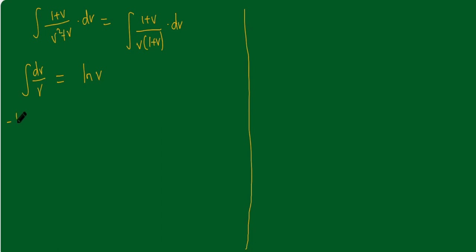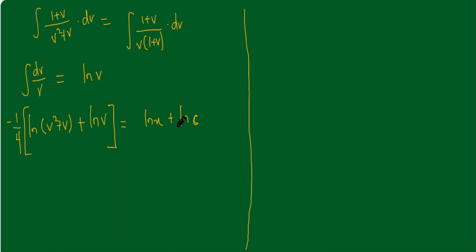So we can now write our equation all over again. That gives us minus 1 over 4 ln(v squared plus v) plus ln v to be equal to, on evaluating the integral on the right hand side, which is the integral of 1 over x with respect to x, we have ln x plus ln c.